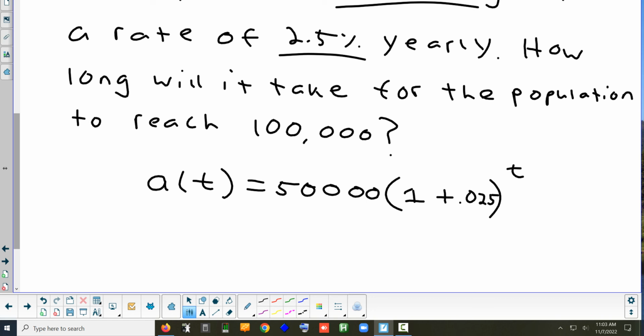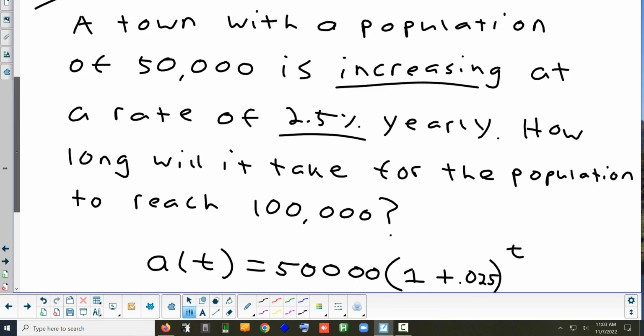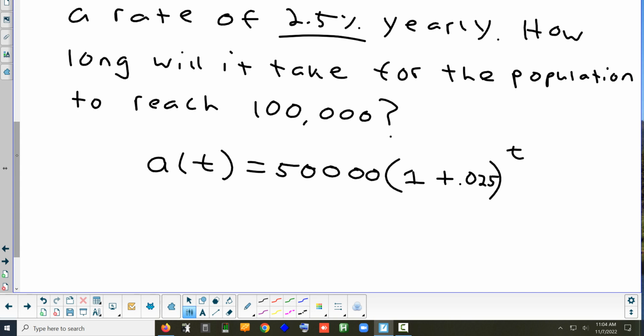But we just went over a rule in the first part of this section that allows you to move that exponent somewhere. We'll look at it. Okay, so there's your formula. And what are we doing with the 100,000?